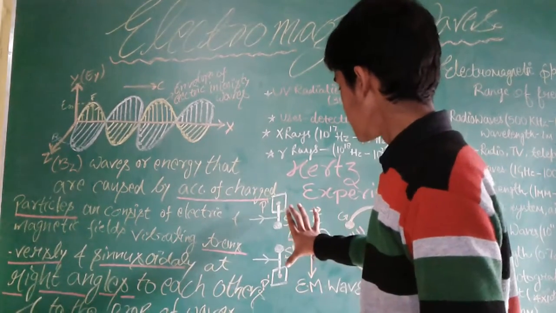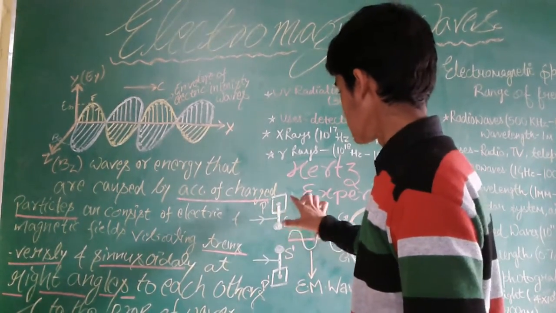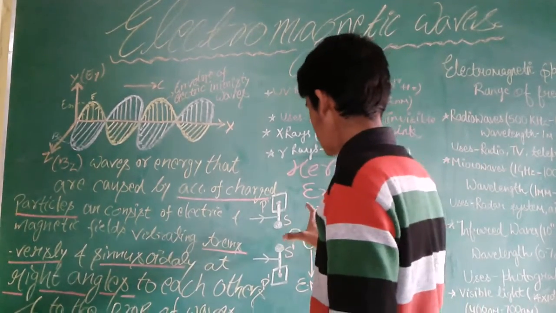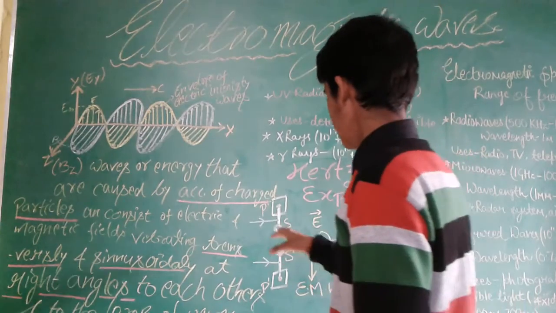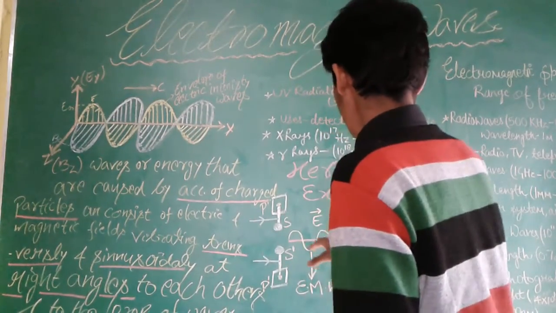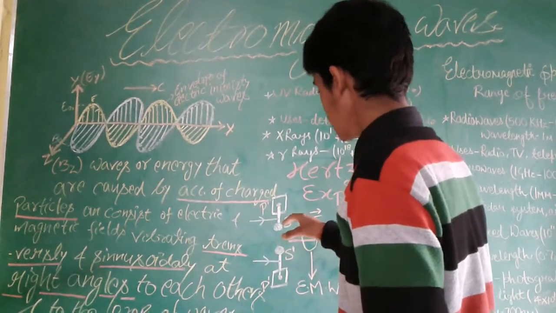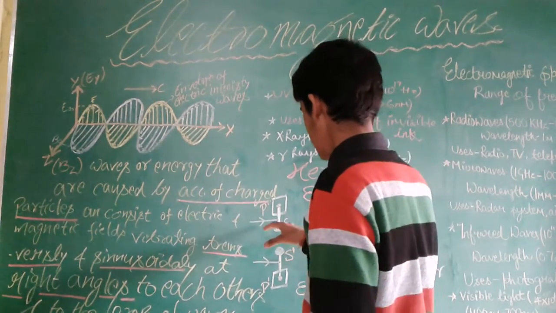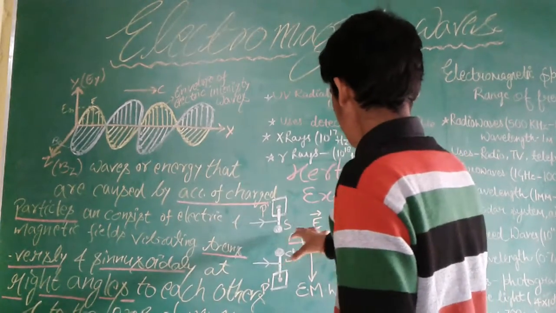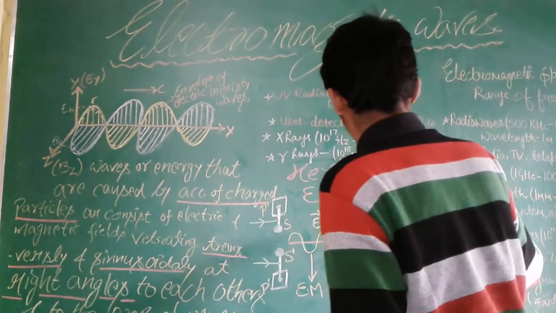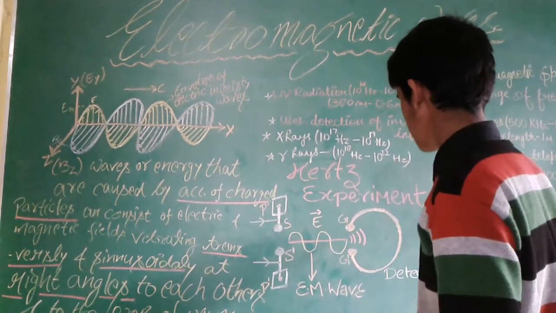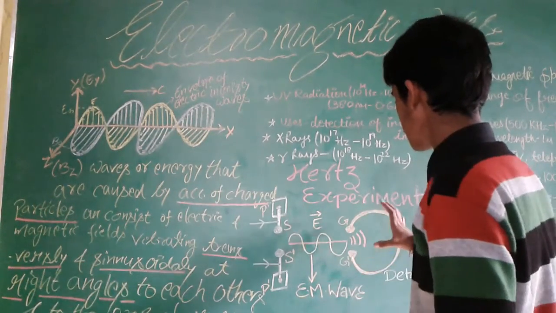Here, P and P dash are two metal surfaces connected to S and S dash, which are two large metal spheres, and these are connected with induction coils. Now, when there is a flow of current in this induction coil, then there is a production of electromagnetic wave, and a detector is placed at some distance from this arrangement.